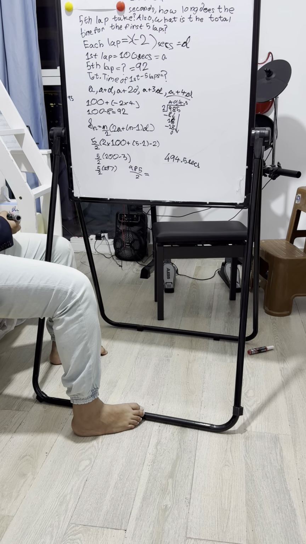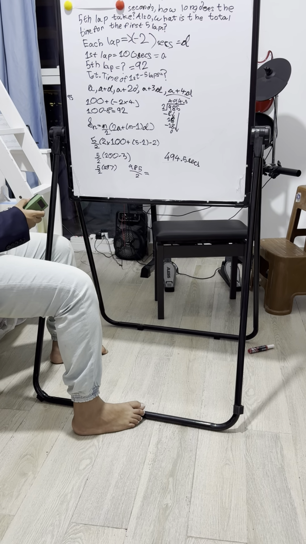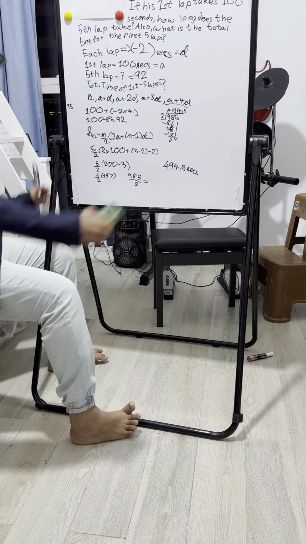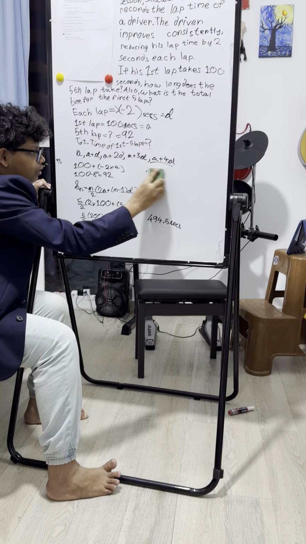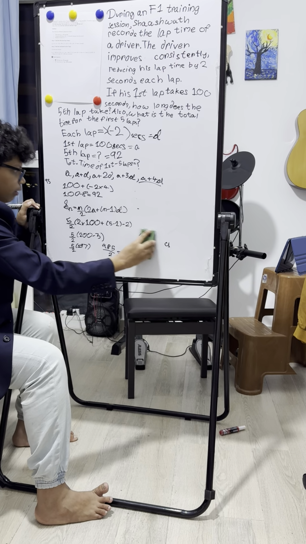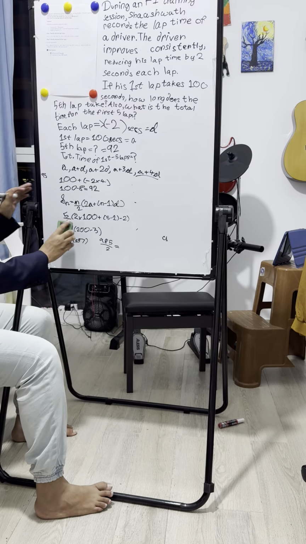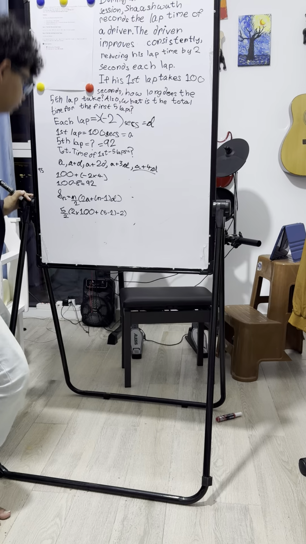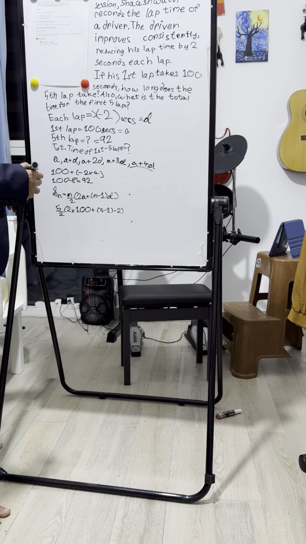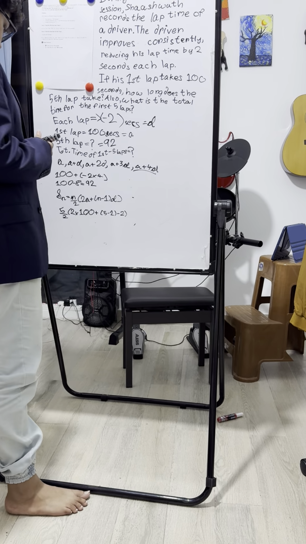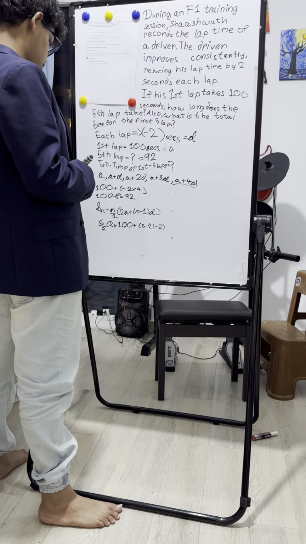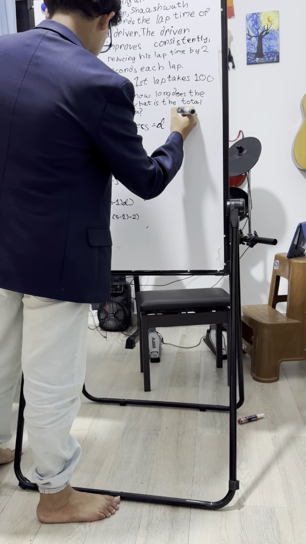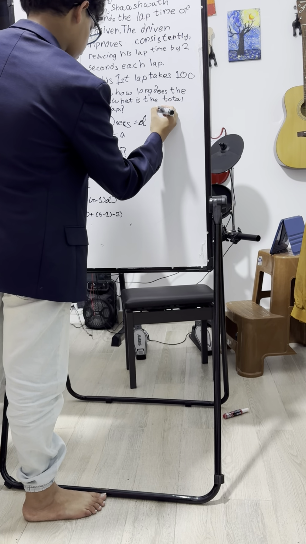Let us quickly solve this again one more time. The formula is Sn is equal to n by 2 into 2a plus n minus 1 into d. All the values are correct. Now let's just quickly solve it again.